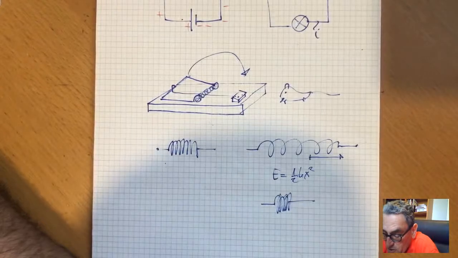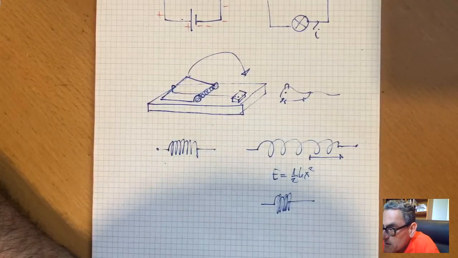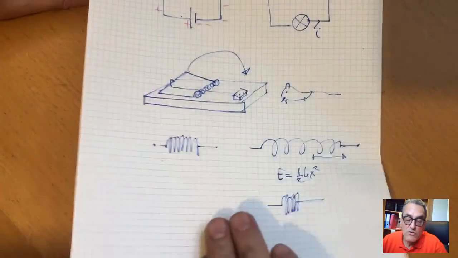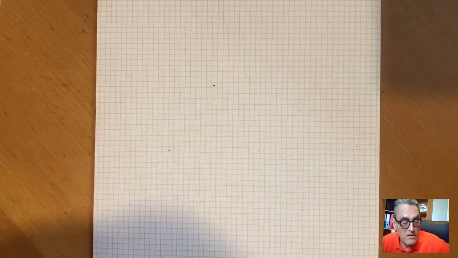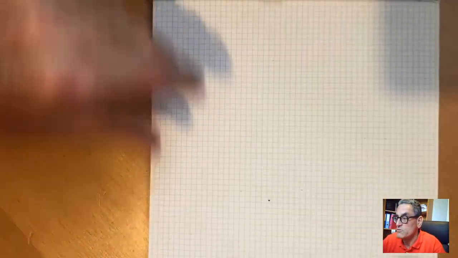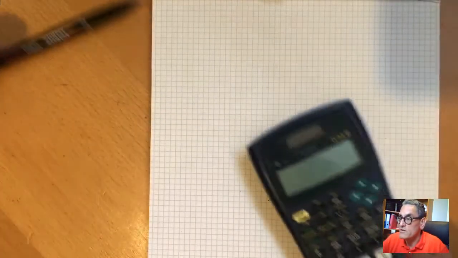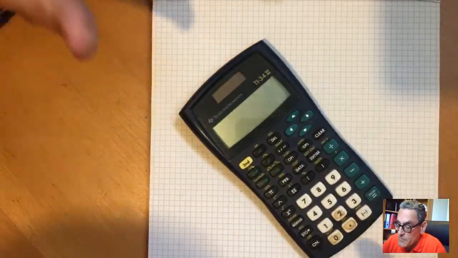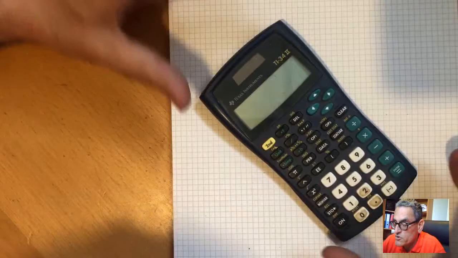So potential energy is something very widely represented in nature, and the potential energy we are going to be interested in today is the one associated to objects in the gravitational field of the Earth. So I come back to my calculator. This calculator has a certain potential energy.